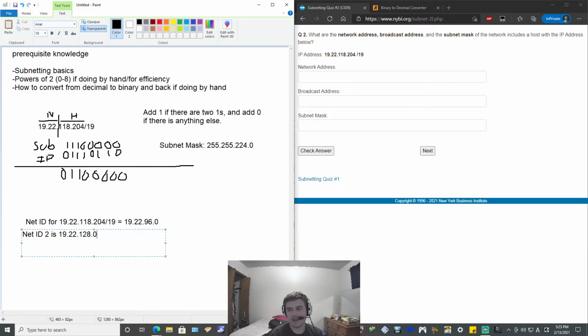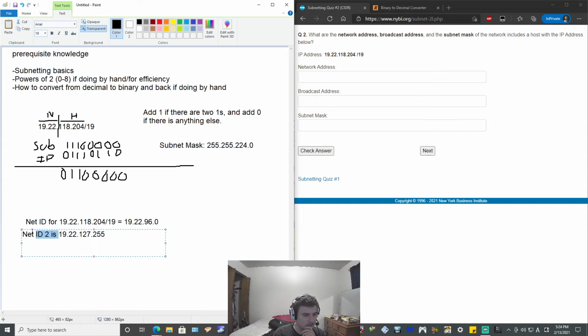Now, the reason I have you find the second net ID is because if you find the second one, finding the broadcast ID is incredibly easy. We don't even have to do any more math. All we have to do is basically take 1 away from this. And by doing that, this actually becomes 127. And then remember we took 1 away from the far right, so it's 255.